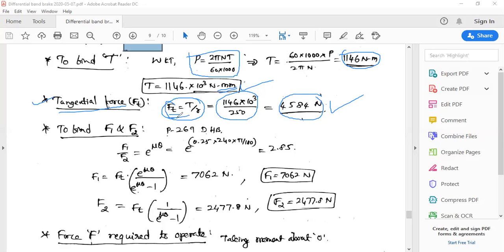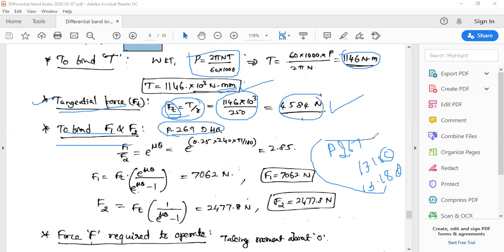Once you have the value of Ft, the next step, the third step, is to calculate F1 and F2. To calculate F1 and F2, we can refer to page number 269 of the data handbook, or even page number 267, where equations 13.18c and d also give the equations of F1 and F2. The same equations are there, no doubt. Page 269 is sufficient.